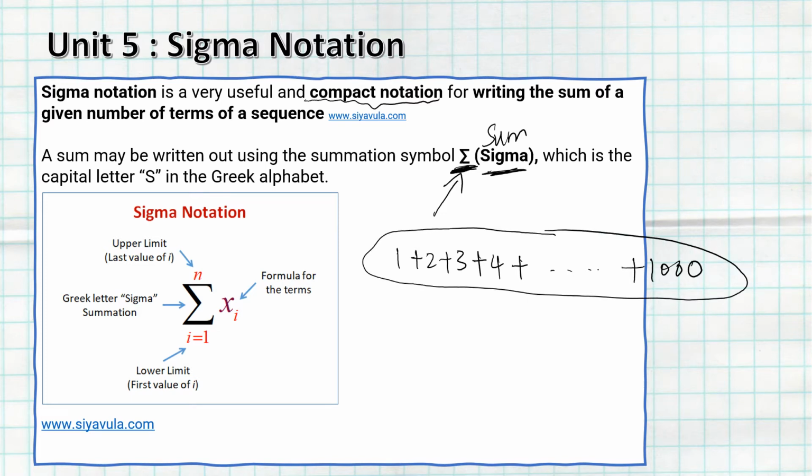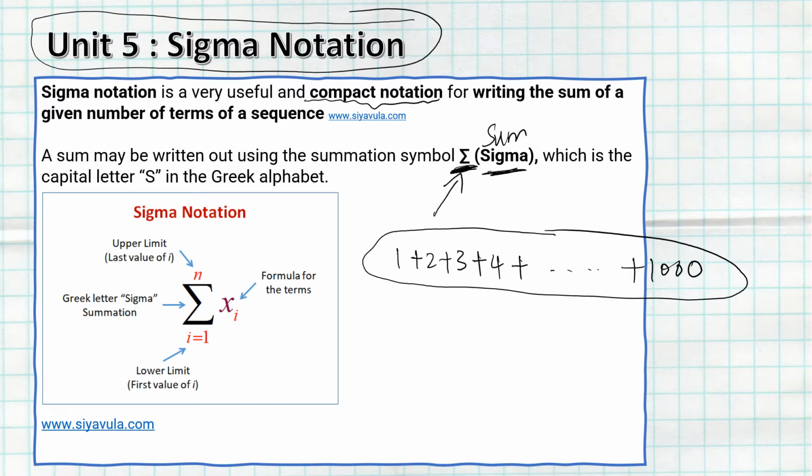If you are adding 1 plus 2 plus 3 plus 4 plus 5 plus 6 up until 1000, it's going to take a lot of space, right? So in order to represent that sum, we can ultimately use what? Sigma notation. Sigma notation is that notation that will just write out this sum in a compact or summarized way, right? How do we do so?